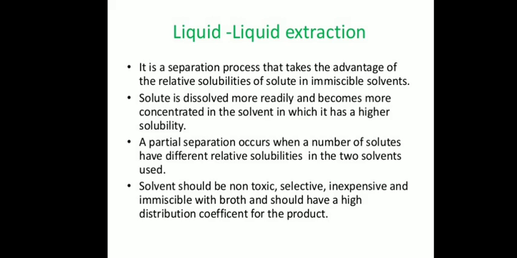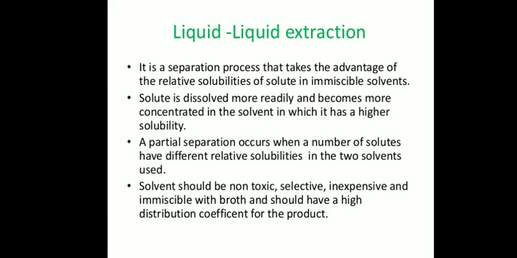A partial separation occurs when a number of solutes have different relative solubilities in the two solvents used. Whenever two different immiscible solvents are used and there is a difference in the solubility of the solute, proper separation of the product does not take place.